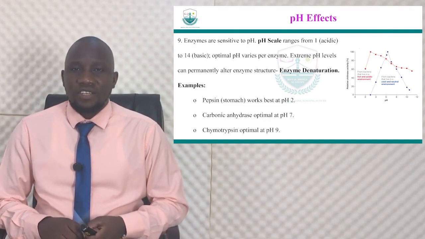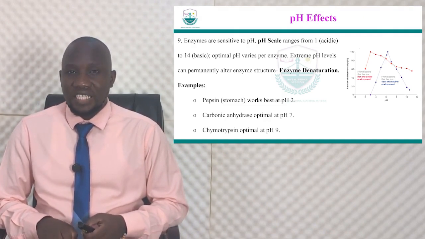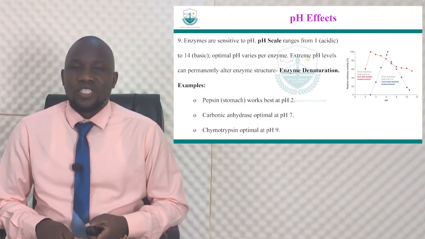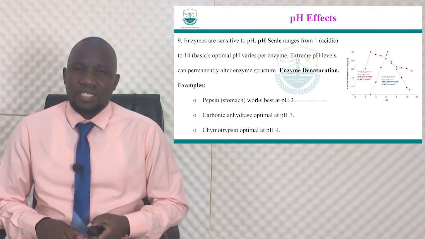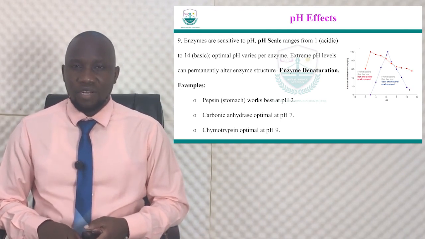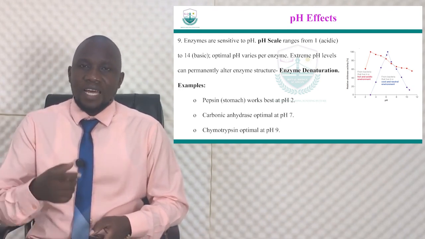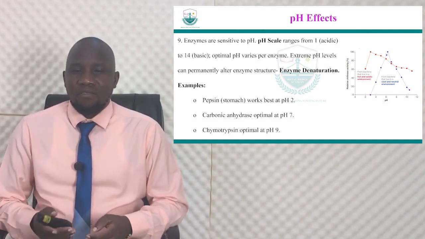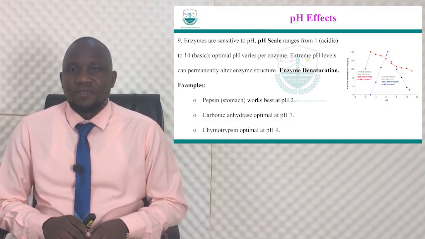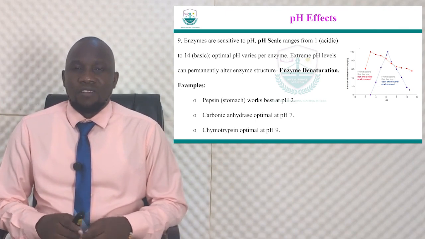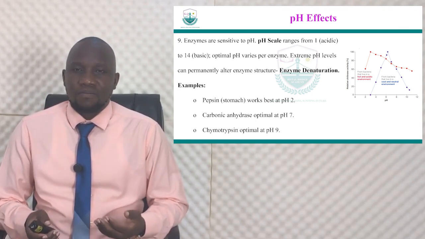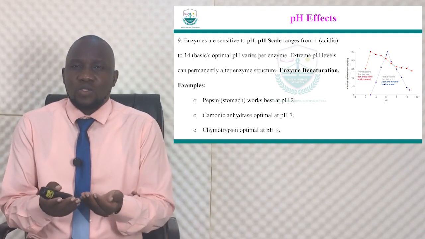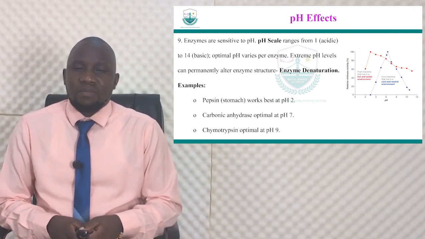As for the pH, you also have enzymes acting at optimal pHs. These pH ranges can be different for different enzymes. We have those that prefer alkaline media, and those that prefer acidic media. And we have enzymes that prefer close to neutral pH.